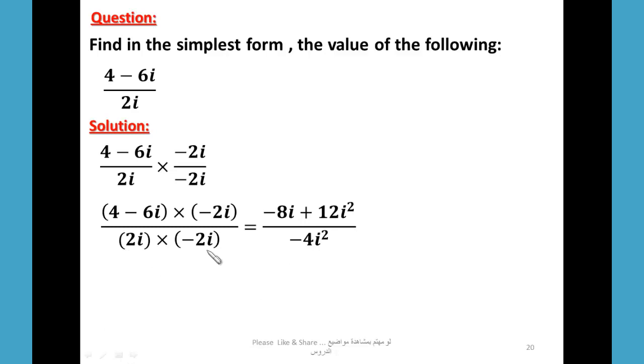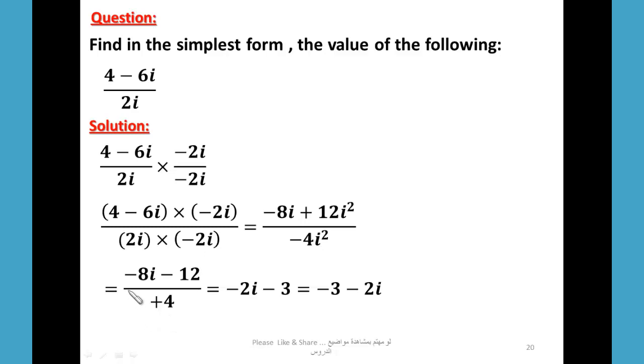And 2 multiply negative 2 is negative 4. i multiply i is i squared. Then we simplify. 12i squared equals negative 12. Negative 4i squared is positive 4.